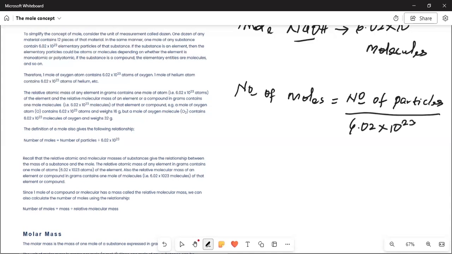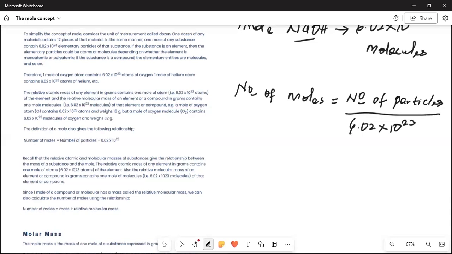Now, why is it reacting mass over molar mass? We know that one mole of any substance has 6.02 times 10 to the power of 23 elementary entities, and that the mass of one mole of any substance is known as the molar mass of that substance.